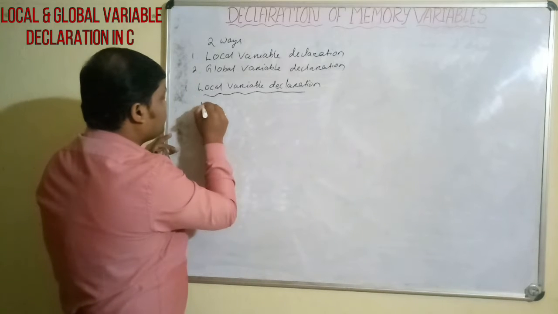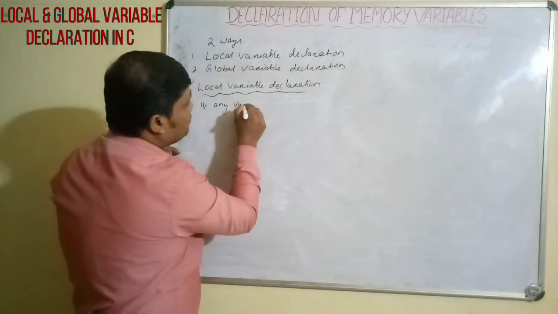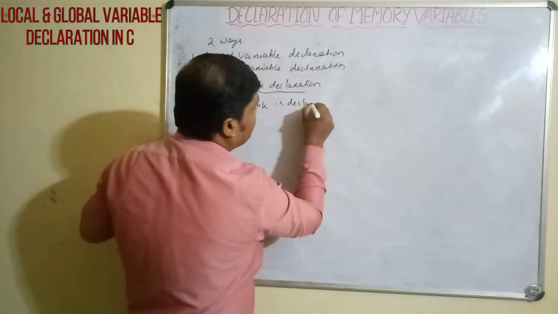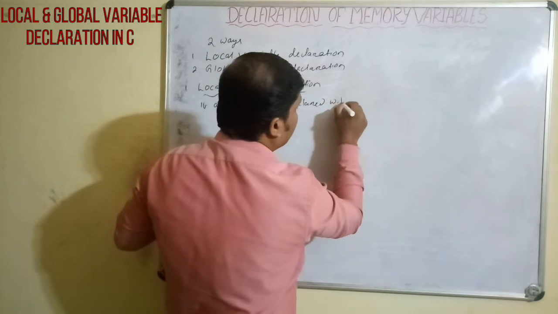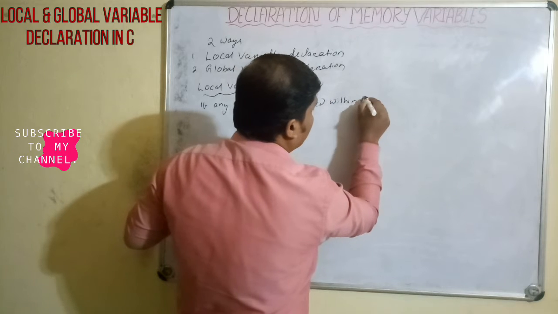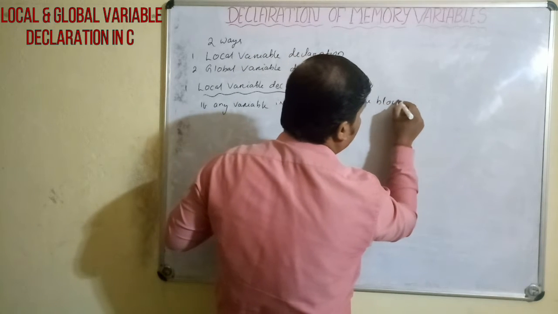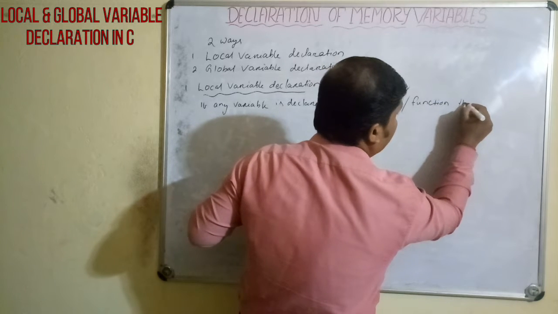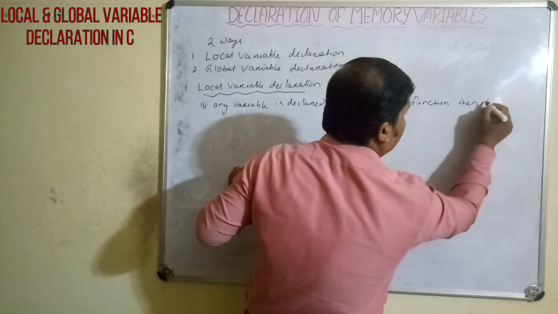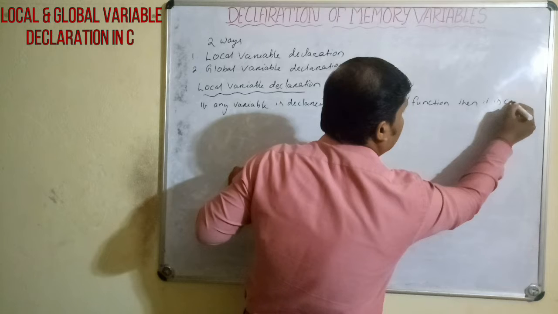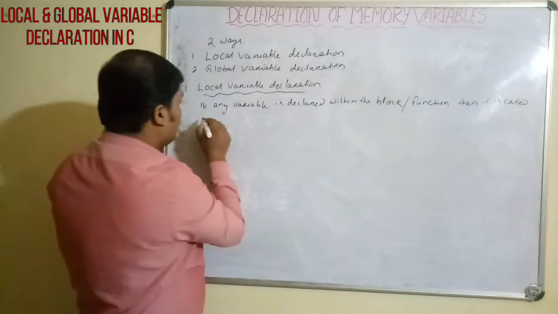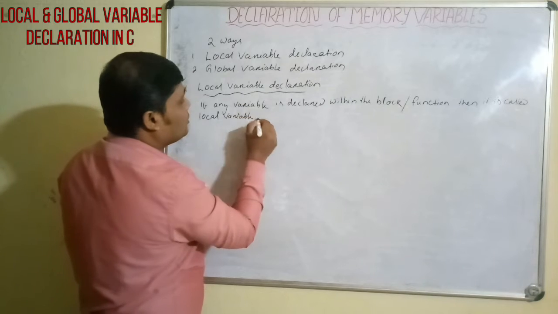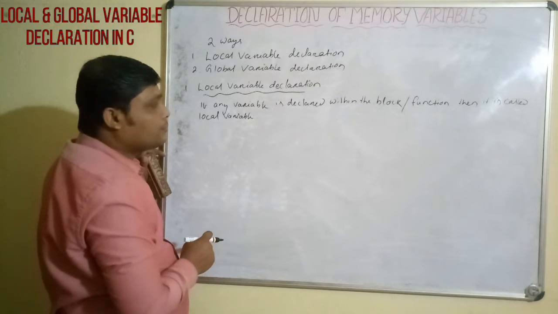If any variable is declared within the block or function, then it is called local variable.